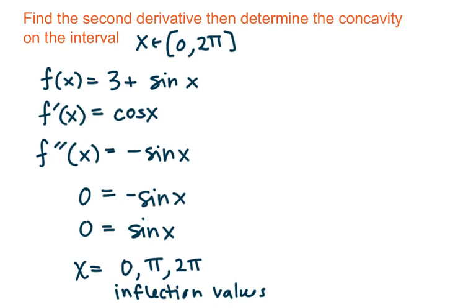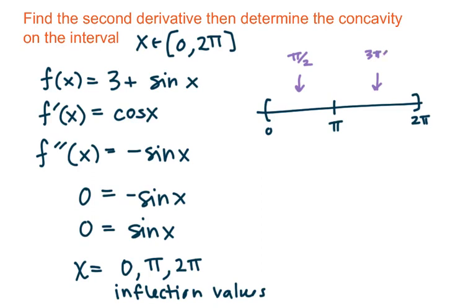So if we want to determine the concavity, we're going to take those values, and we have a closed interval here from 0 to 2 pi, so we don't need to look on either side. I'm going to choose pi on my x-axis. We would pick a test value on either side to test. I might test pi over 2 and 3 pi over 2.